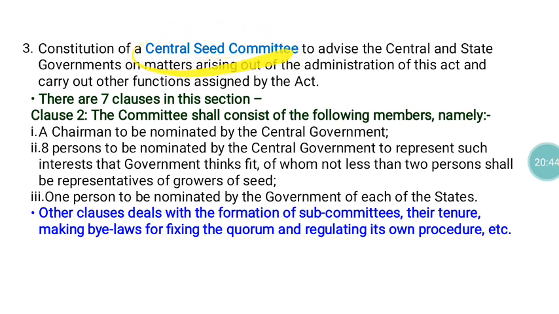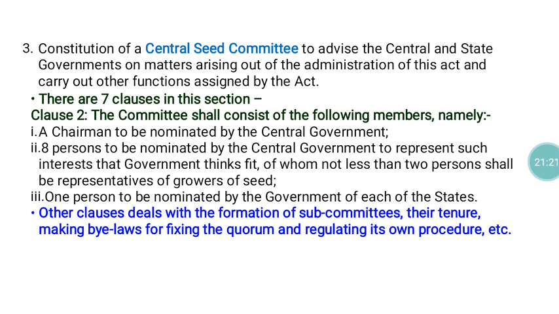The Central Seed Committee is the topmost authority in the matter of seeds, and if the government needs anything with reference to seeds, it will seek the advice of the Central Seed Committee. It is responsible for effective implementation of the Seed Act in our country and for dealing with any matter related to seeds in India. So that is a very vital committee.